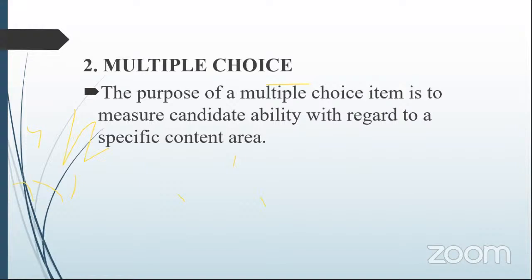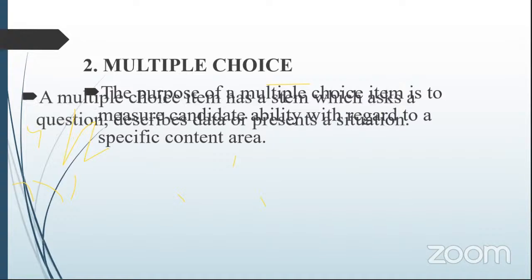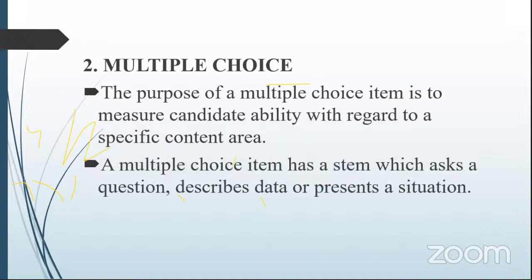The next one is multiple choice. The purpose of the multiple choice item is to measure candidates' ability with regard to a specific content area, what is being tested. A multiple choice item has a stem, which is a question.